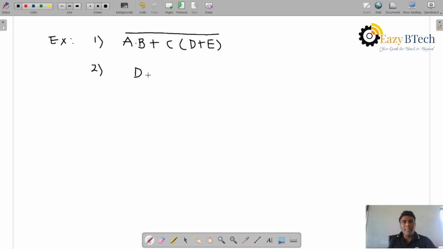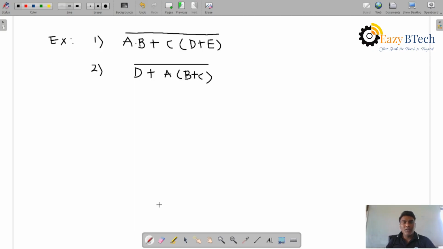Example 2 is D plus A into B plus C. You see how many inputs are here? A, B, C, D, E, so 5 inputs are here. Here also 1, 2, 3, 4, so 4 inputs.